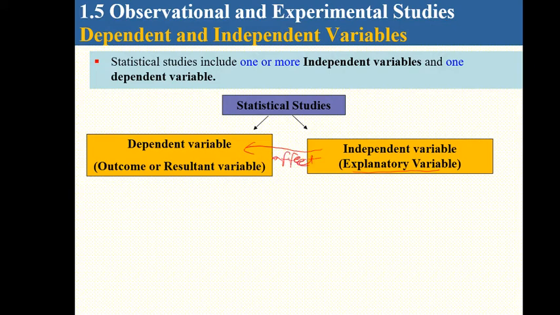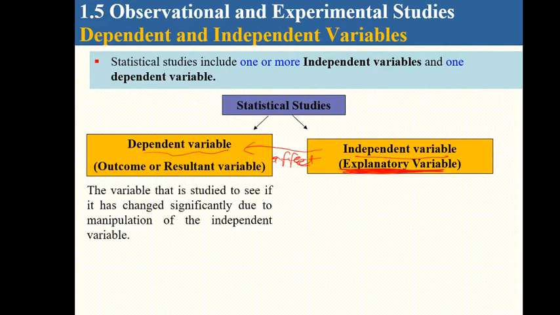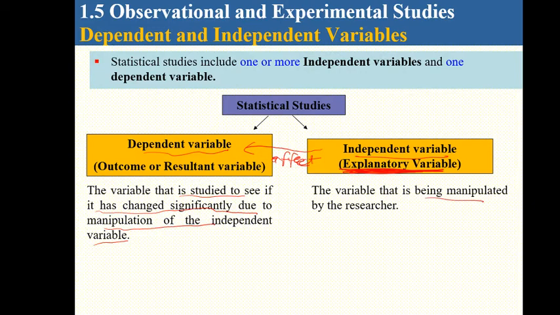Then we generally explain the change in the dependent variable with the independent variable. Sometimes for this reason we call the independent variable the explanatory variable. The dependent variable is studied to see if it has changed significantly due to the manipulation of the independent variable, and the independent variable is manipulated by the researcher.